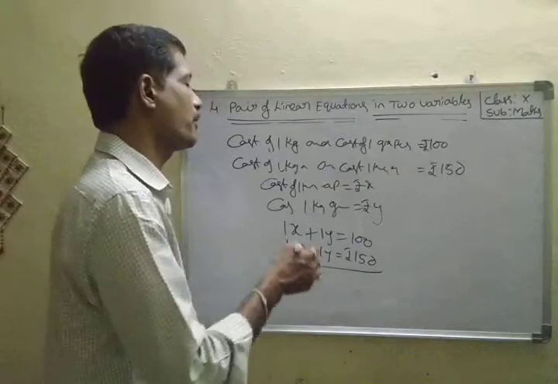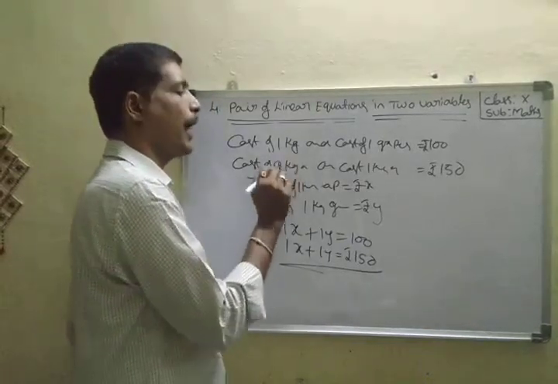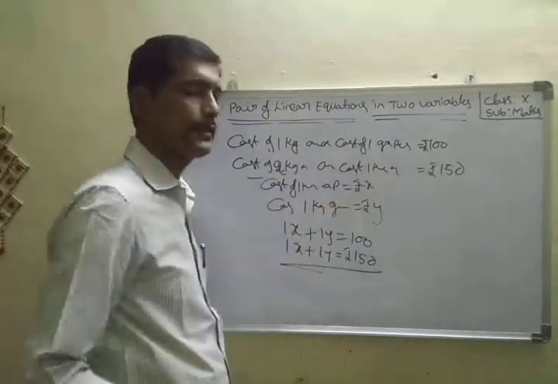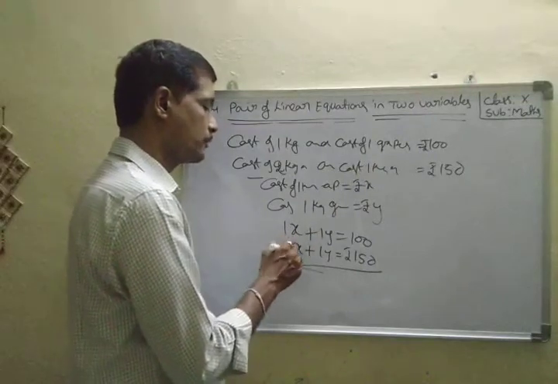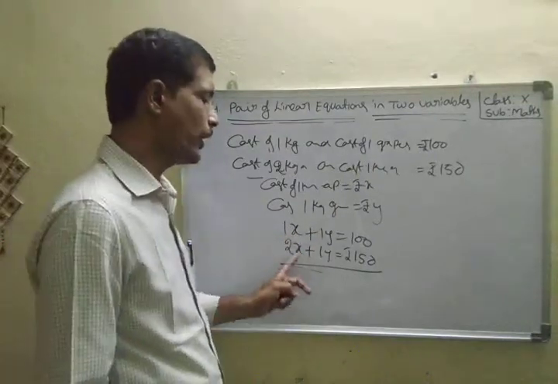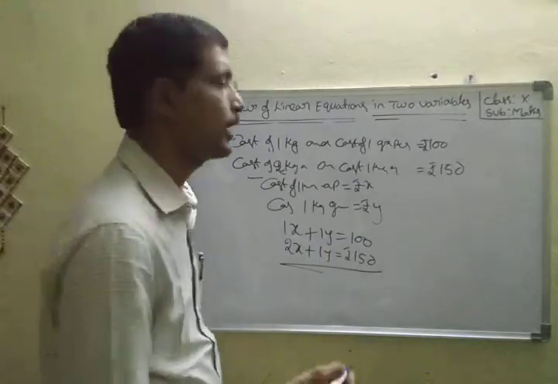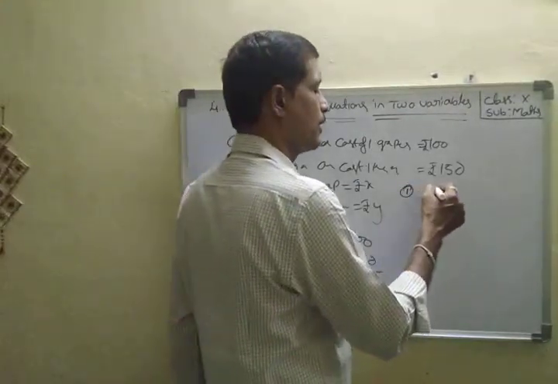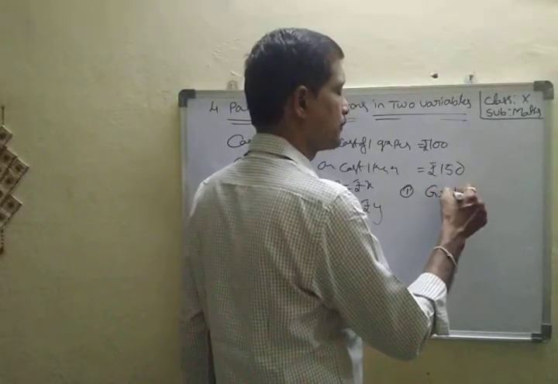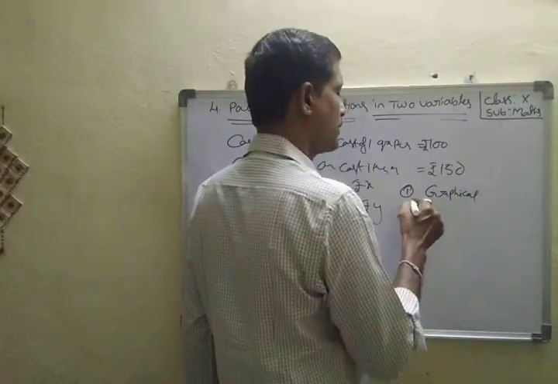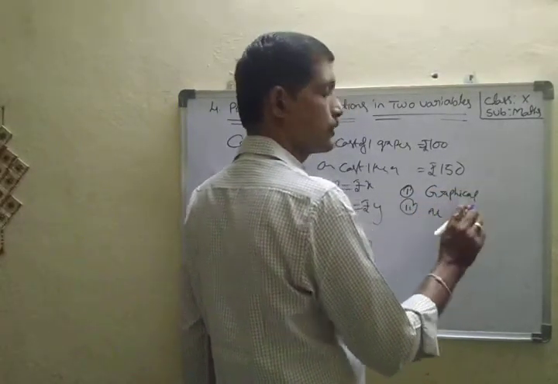Otherwise, the cost of 2 kg apples and 1 kg grapes, that is 2x plus 1y. Solving these two equations, there are different methods: solving by graphical method, algebraic method, these are not used.